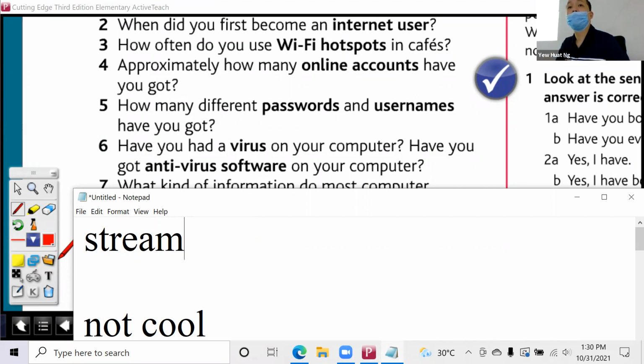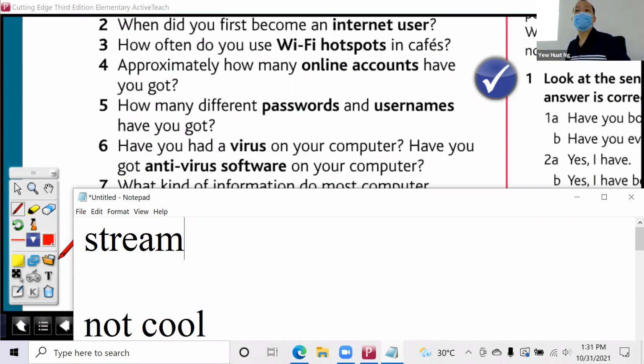Don't know? Like when you watch your YouTube videos, okay? When you watch your YouTube videos, do you wait for the whole video to download and then watch it? No, when you're watching it, it's downloading, right? Yeah. So that is called streaming. You are watching and it's downloading at the same time. That is called streaming.